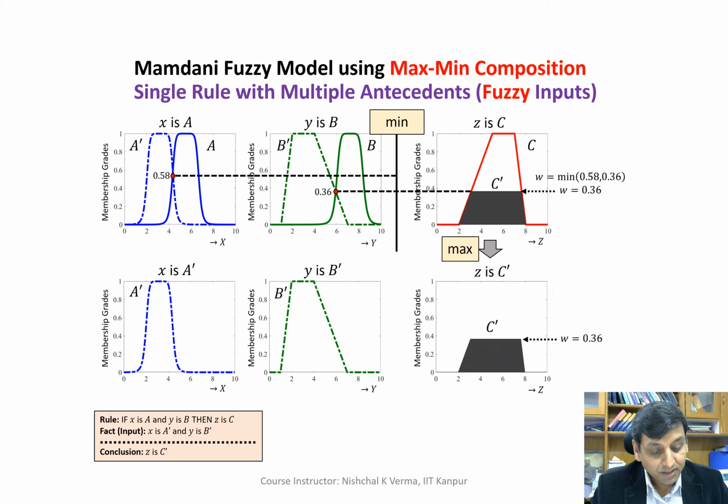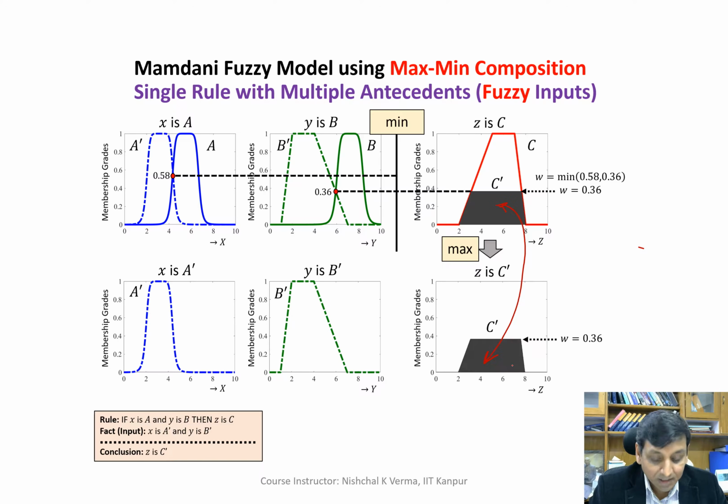So you see, this is the output that we are getting. Since we are using max min composition, the max is not really applicable because we have a single rule and the output is single. So the max gives us the same thing. Whatever is here comes as the output. This way, in the second scenario, we get the output.